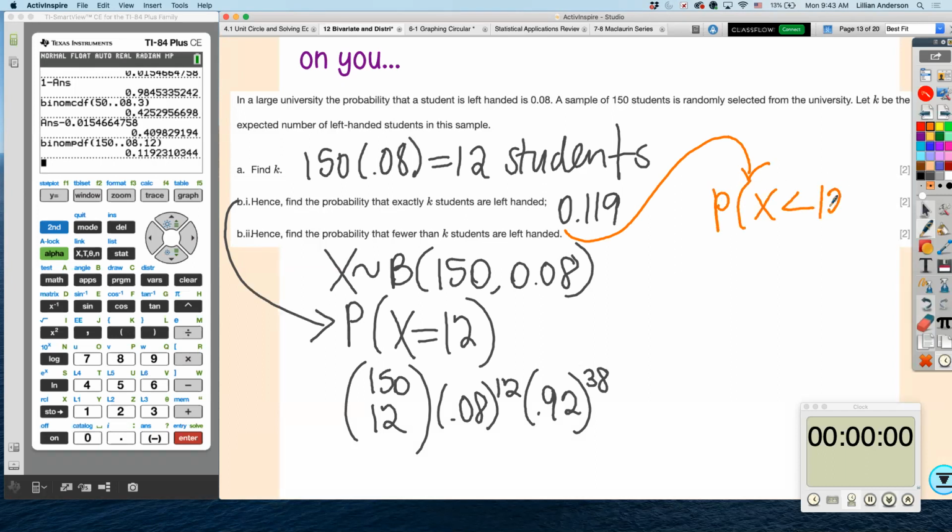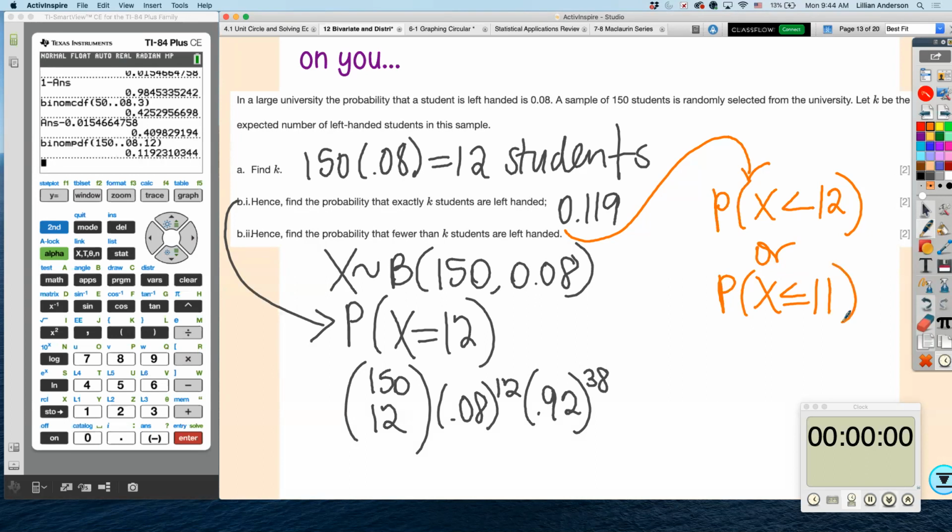Less than 12? Okay. Or I could put less than or equal to 11.